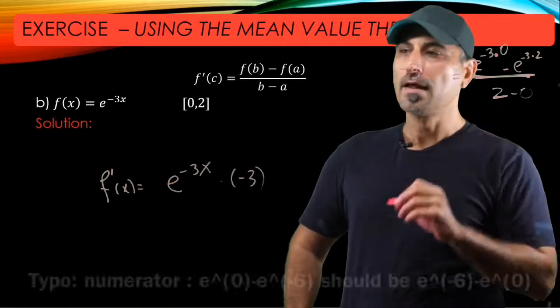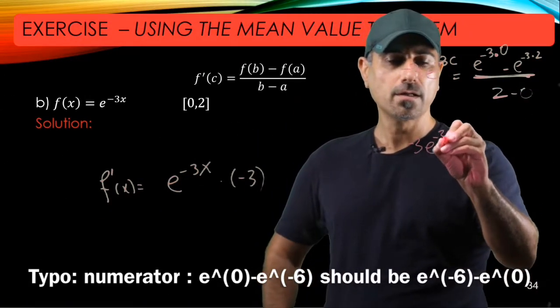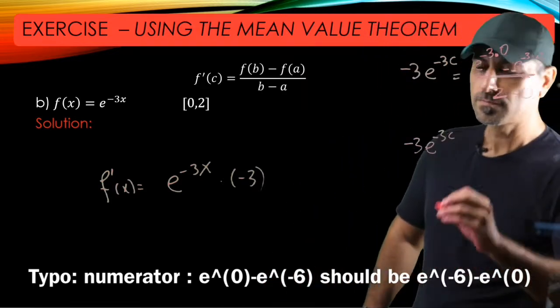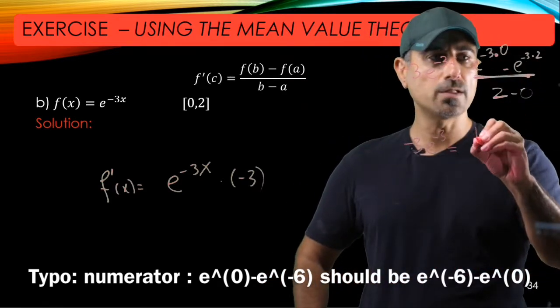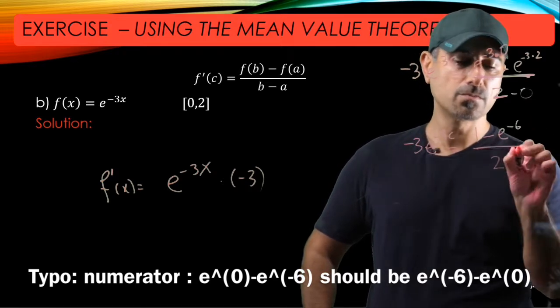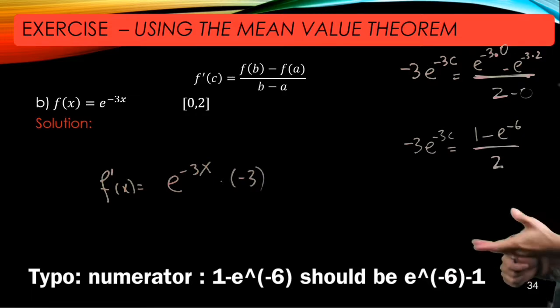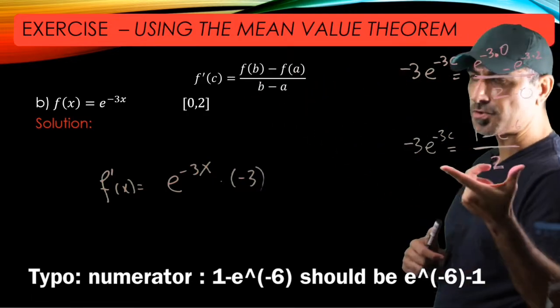In short, this is equal to negative 3 e to the minus 3c equals 1 minus e to the negative 6, over 2. So in short, this equality is reduced to this one.